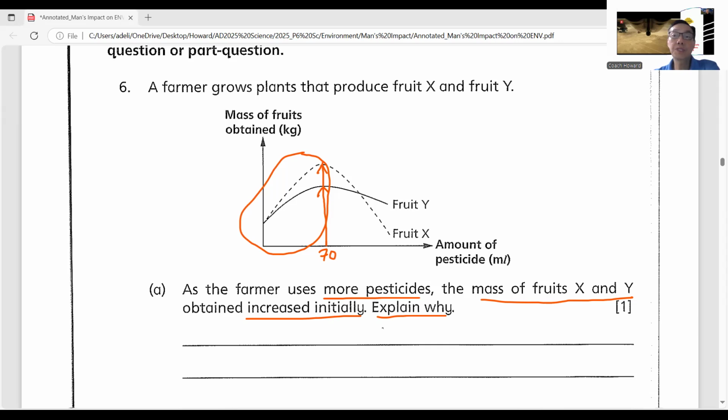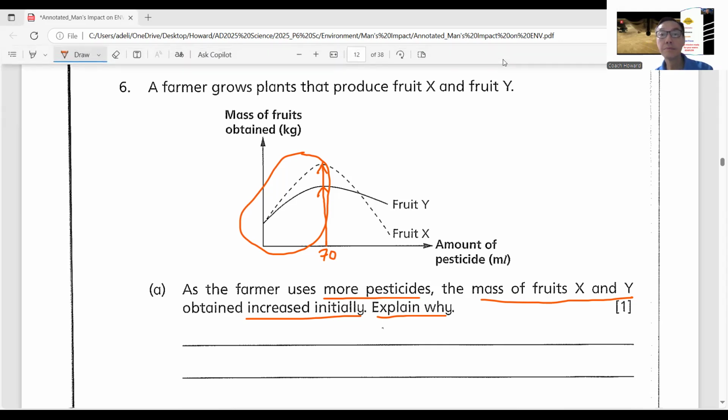So I do a screen share of this answer here. Just give me a second because it's quite difficult to use two screens. Okay, hold on, I do a screen share. Okay. Hold on.